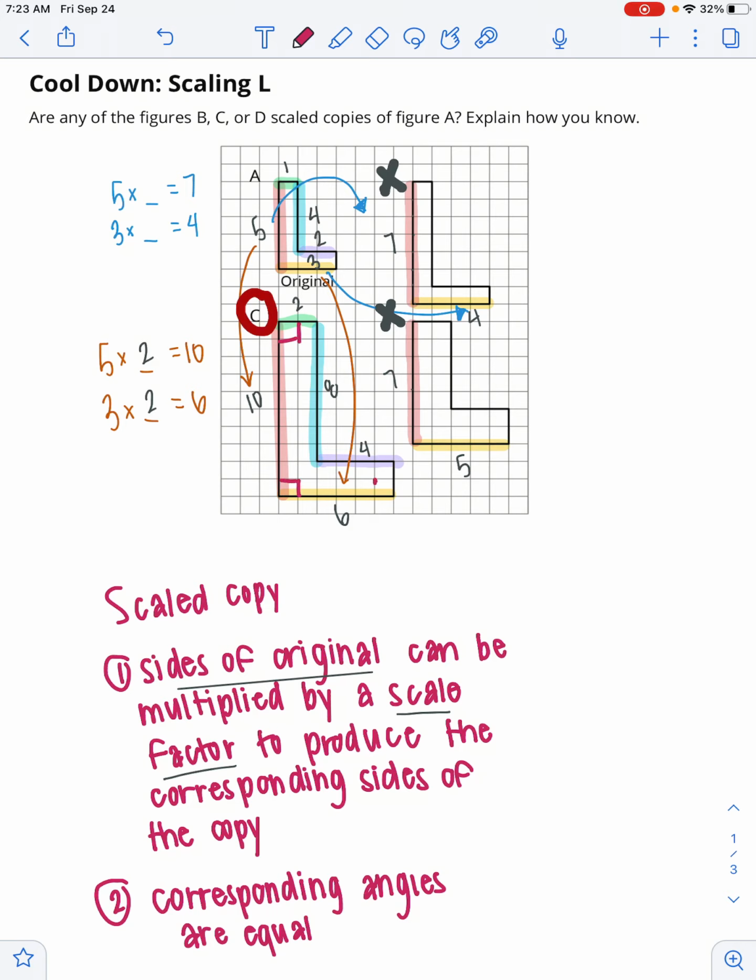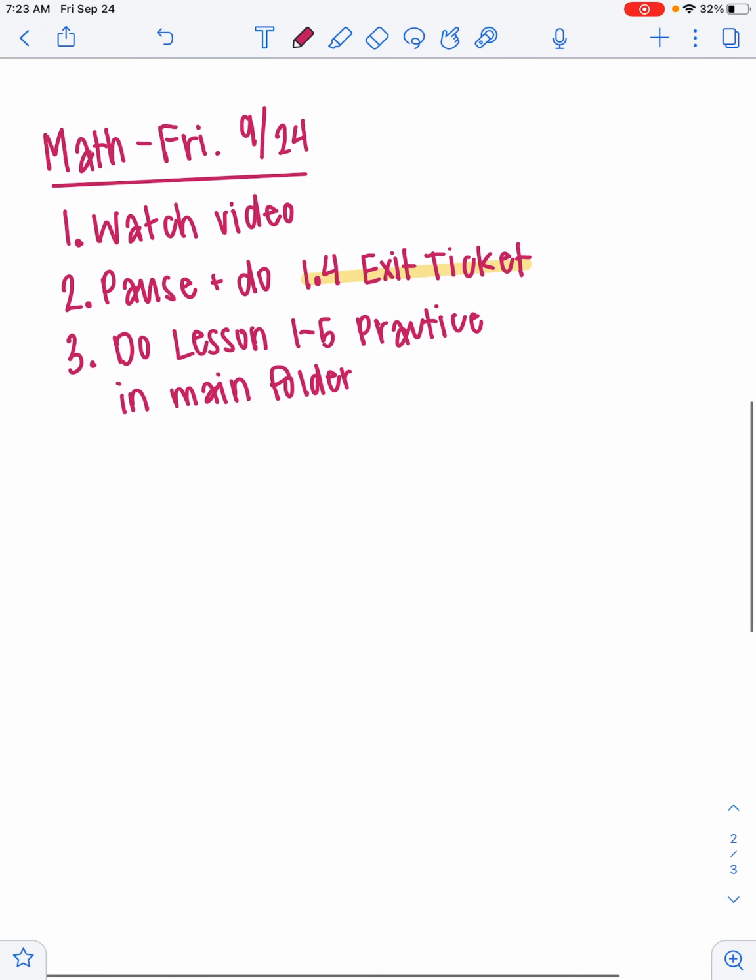They're all 90 degrees, but they're 90 degrees at every single point of the shape, right? And so let's say this angle, for example, right here, it corresponds to this angle in the scale copy C, and those angles are the same. This isn't so important for this example since all the angles are right angles, but it's an important thing to remember. Okay, so now that we've reviewed scale copies, we're ready for step 2 of these directions.